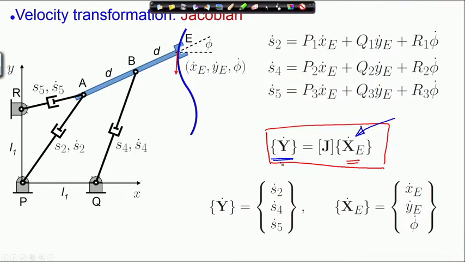Now, here again the Jacobian, which might look very simple, but these P 1, P 2, P 3, Q 1, Q 2, Q 3 and R 1, R 2, R 3, they have certain denominator terms, which might go to 0 and make the Jacobian singular.